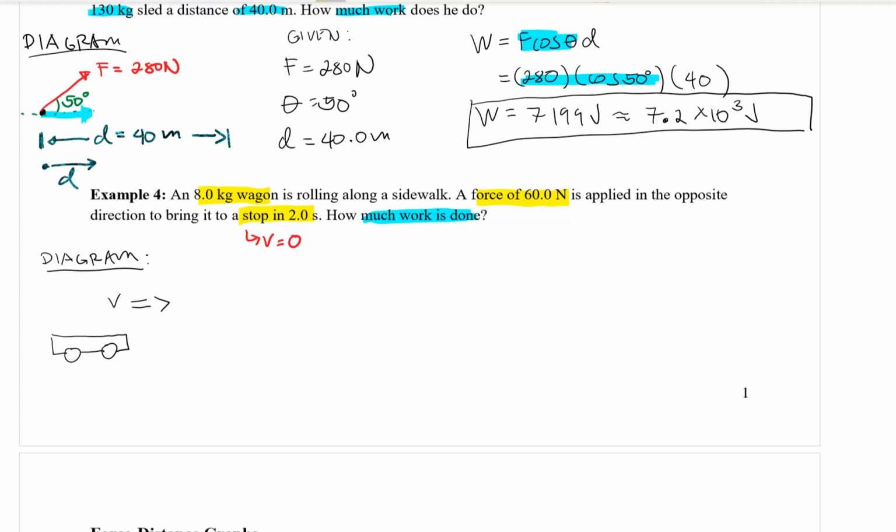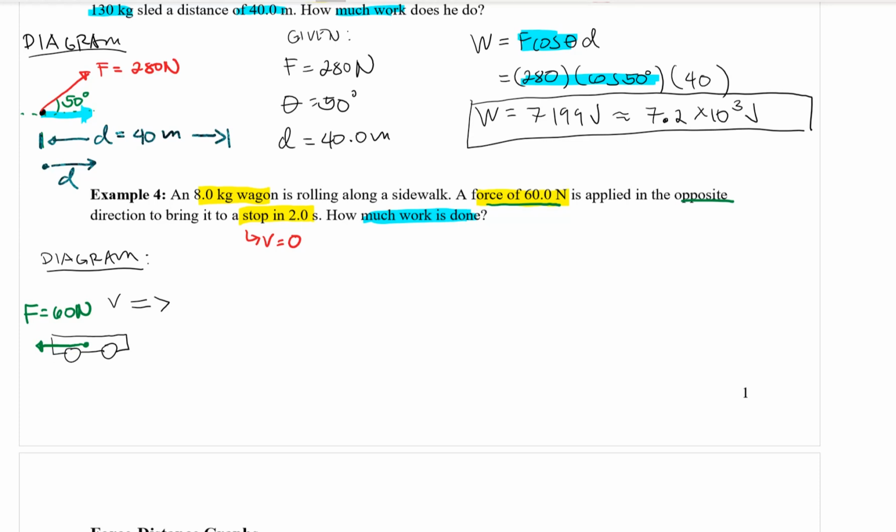The force is applied in the opposite direction, so there's a force in this direction here, that is your F, which is 60 newtons.